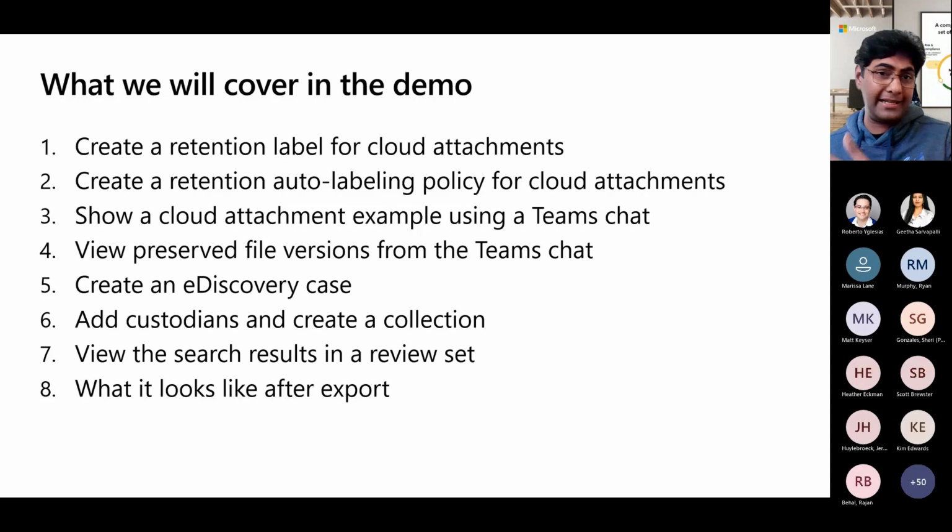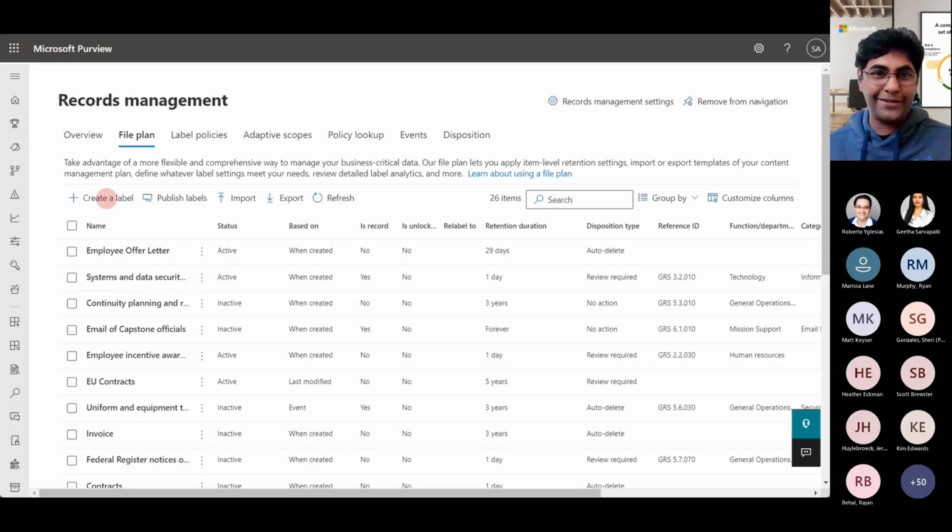I'll show you a cloud attachment example in Teams chat, and then we'll show you how it is preserved, and then we'll go into eDiscovery, case creation, custodian additions, and then the reviewing set, the collection set, and then how it can be exported. I'll cover the first half, and then my colleague David will cover the eDiscovery part of the section.